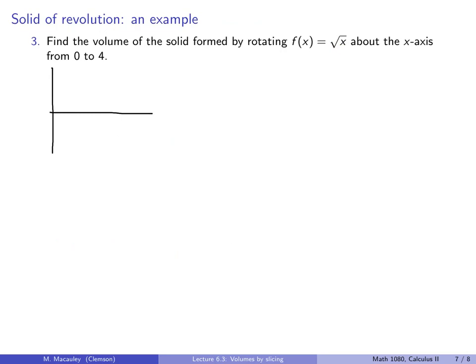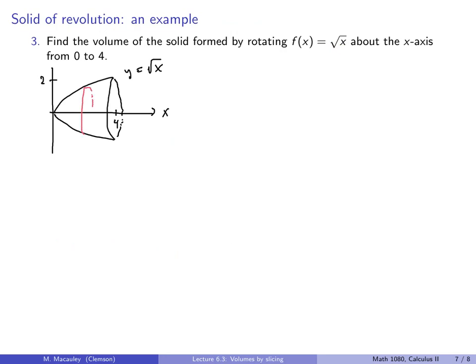So this is x. This function looks like that. So this is y equals square root of x. And if I rotate it about, so this is height 2, not that that matters. This is 4. And I'm going to use red as I did before.